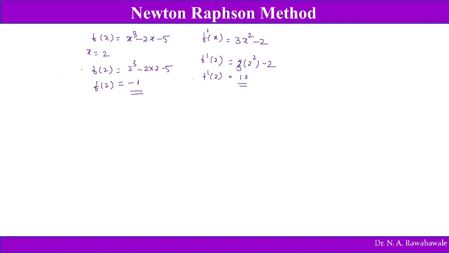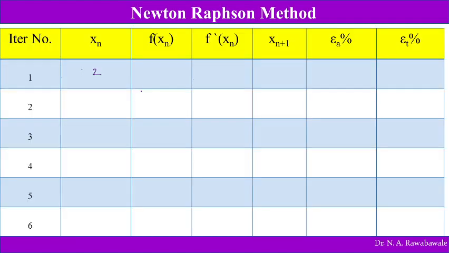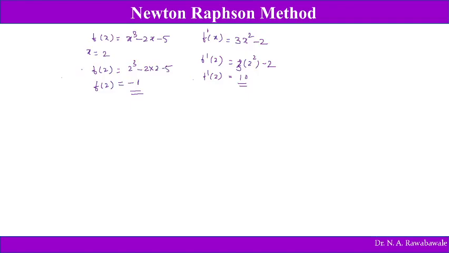So substituting this in this table, f of 2 is minus 1 and f dash of x is 10. Now we want to find out the revised approximation. So the revised approximation is given by x1 is equal to x0 minus f of x0 divided by f dash of x0. So x0 value is 2.